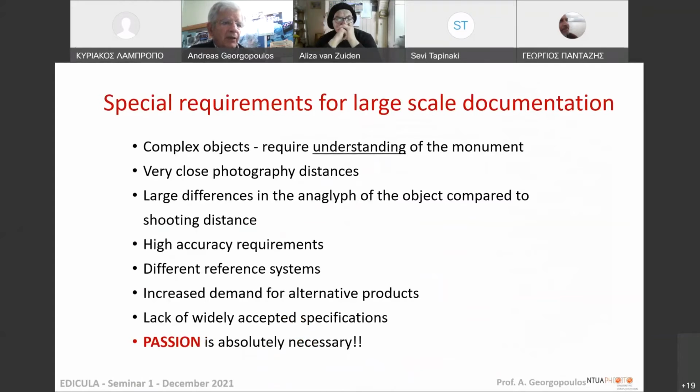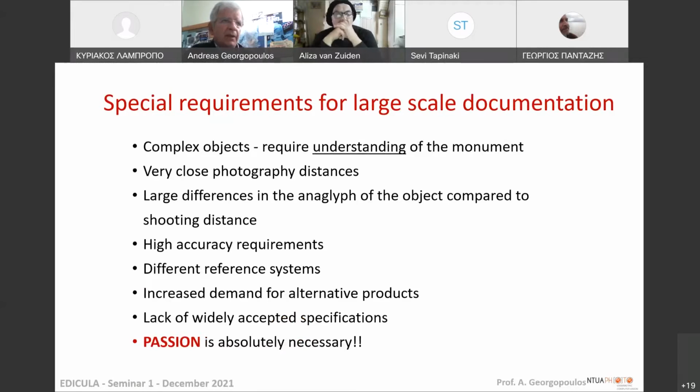And I will finish with this slide. It's not very easy to do these kind of documentations in large scales, as it was the case in the Holy Edicula in Jerusalem, because the objects are quite complex and they require understanding of the structure of the monument, and this is very, very important.